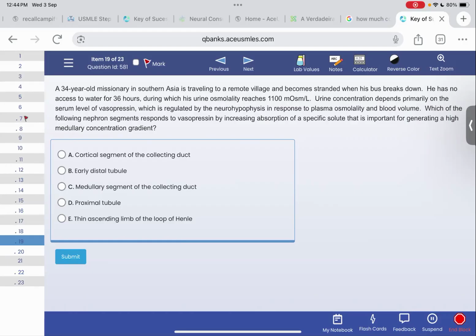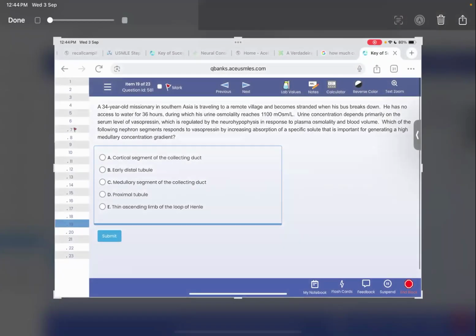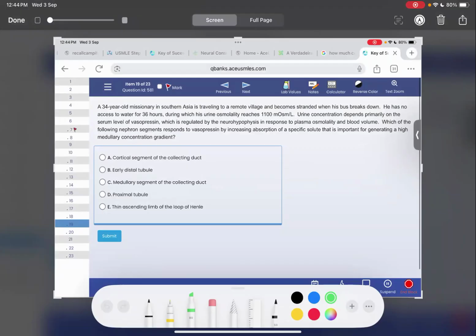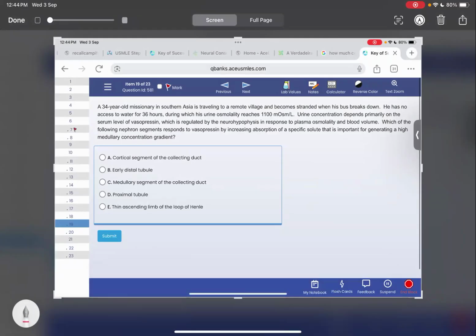Urine concentration depends primarily on the serum level of vasopressin, which is regulated by the neurohypophysis in response to plasma osmolarity and blood volume. Which of the following nephron segments responds to vasopressin by increasing absorption of a specific solute that is important for generating a high medullary concentration gradient?